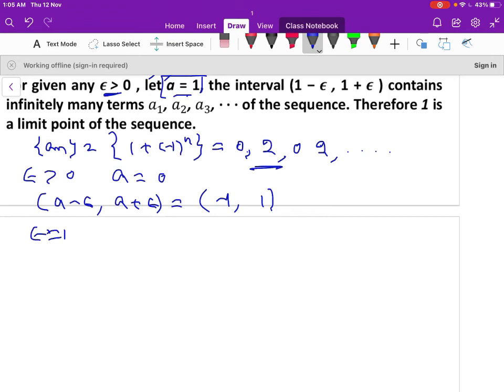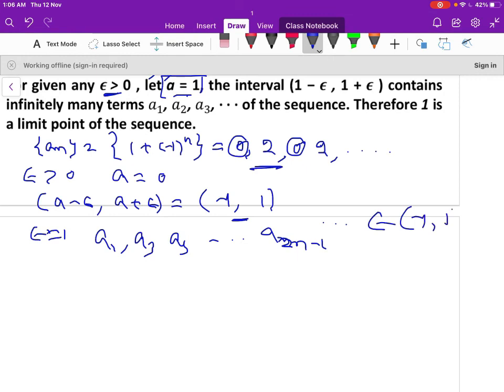Let us check: a1, which is 0, is inside the interval, but 2 is outside this interval. Again a3 is inside the interval. Here a1, a3, a5 and so on, a_(2n minus 1) and so on, belong to the interval minus 1 comma 1.